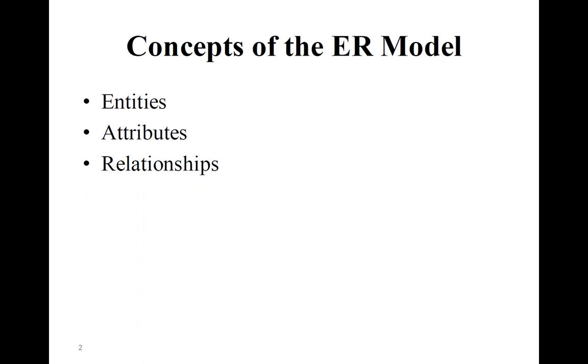A user checks out books. So there's a relationship between the user and the book entities. So relationships tie entities together. In an entity relationship diagram, all entities must be connected. So keep this in mind when you work on your project database.